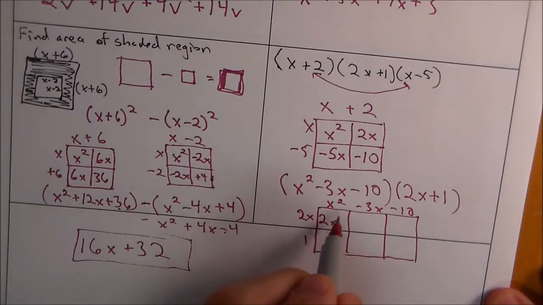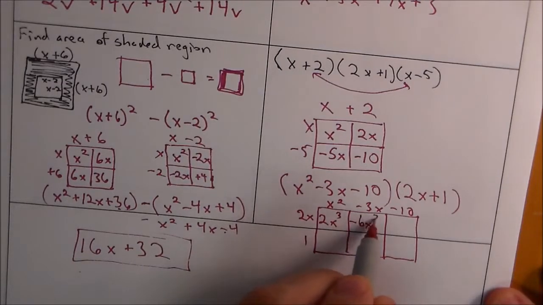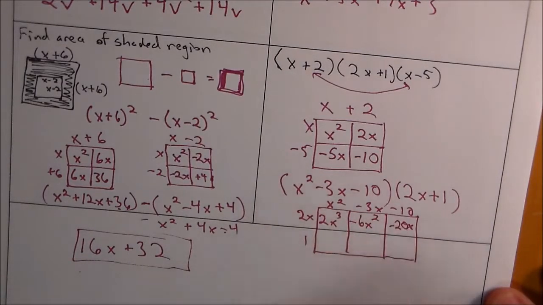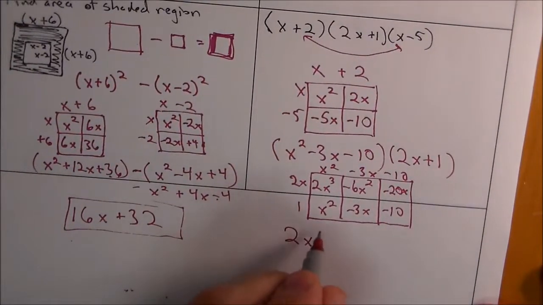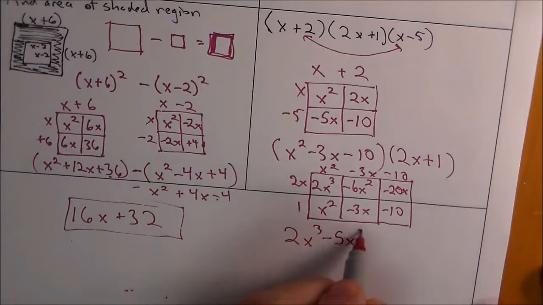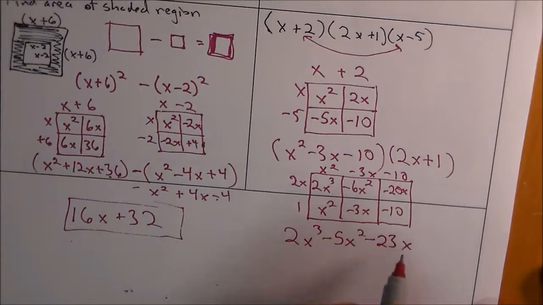So we have 2x to the third, minus 6x squared, minus 20x, x squared, minus 3x, minus 10. Our like terms give us 2x to the third. Negative 6 and 1 gives us negative 5x squared. Negative 20 and negative 3 is negative 23x, and then a negative 10 at the end.